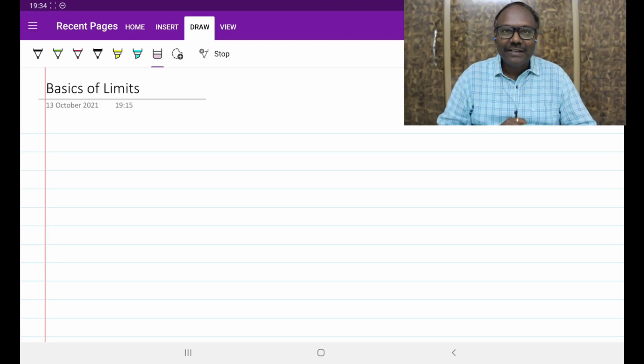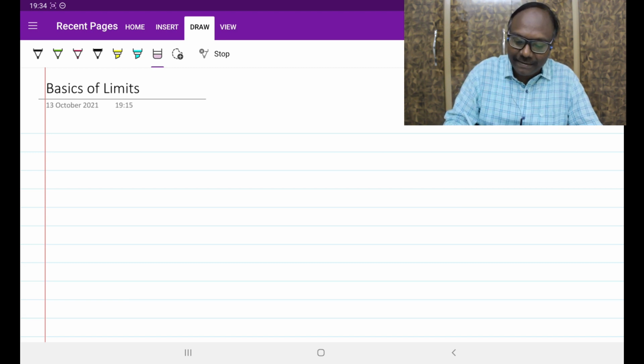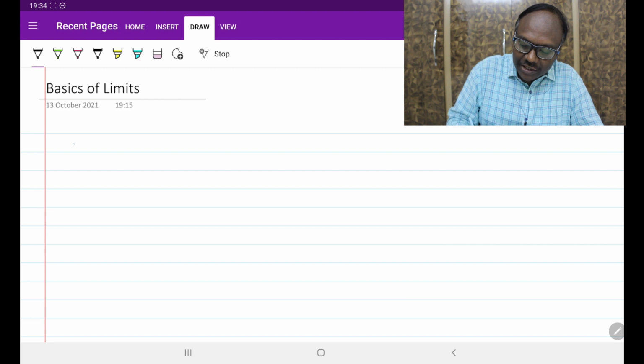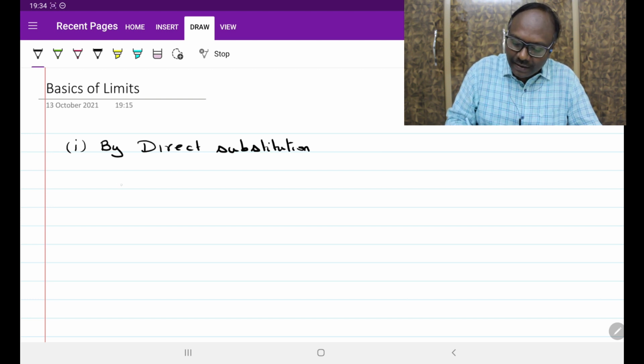Well, the first method to evaluate the limit is by direct substitution method. So, let us see the first method of evaluation of limit by direct substitution. So, let us take a small example.